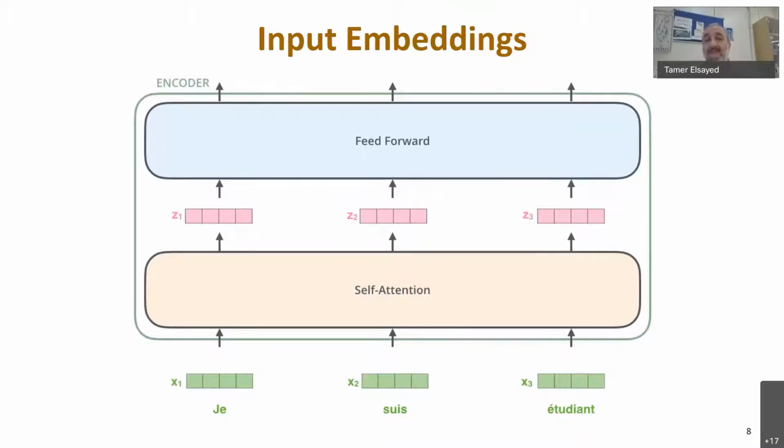We have to use embeddings. That can be one-hot encoding, word2vec, GloVe, any type of static embeddings that we can start with. We'll assume that for each word in our example, the French to English example, we have the embeddings for each word, and that will be the input to the transformer.